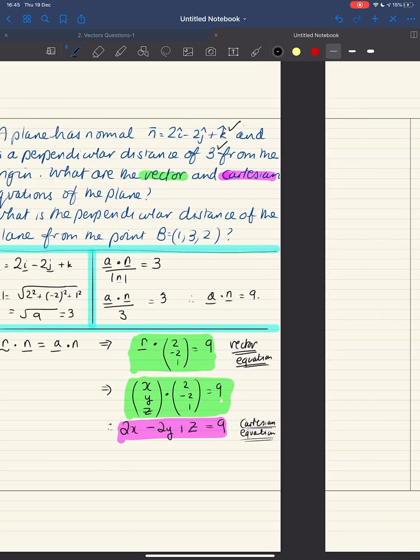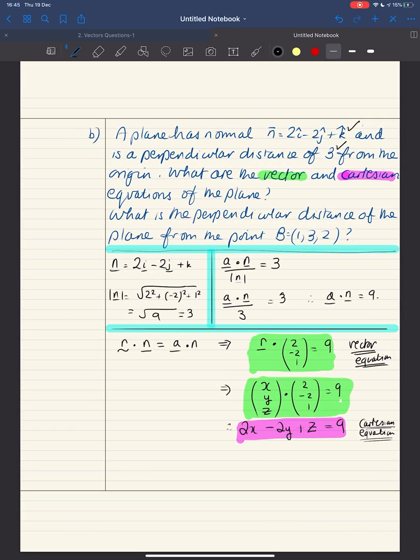So what is the perpendicular distance of the plane from the point, is it? From the point (1, 3, 2).